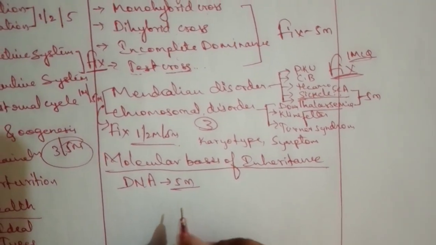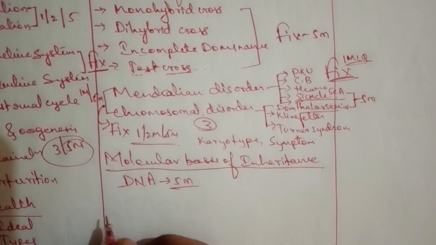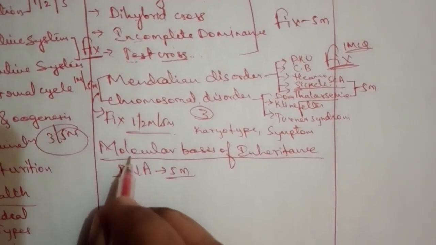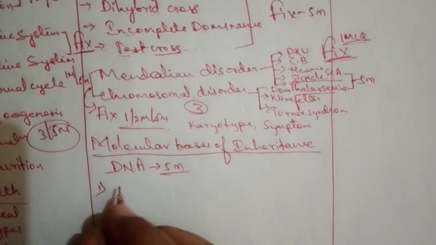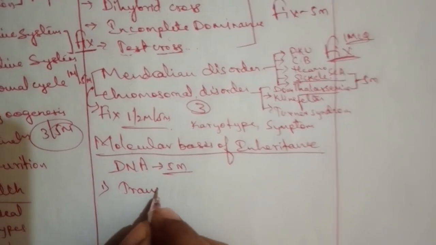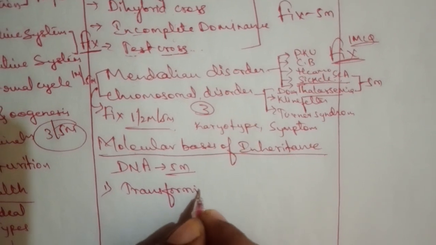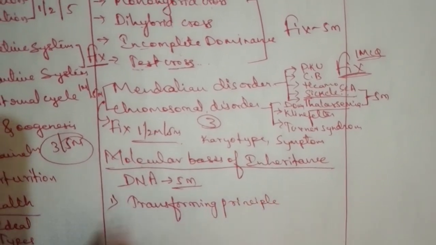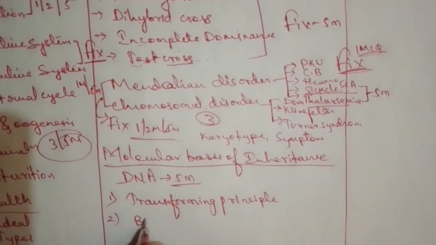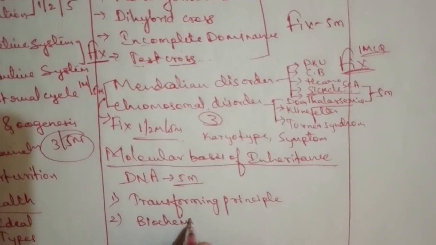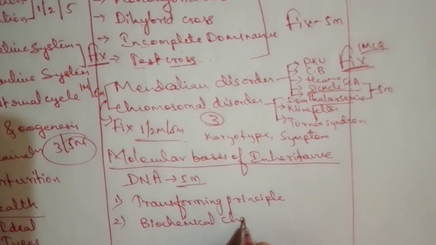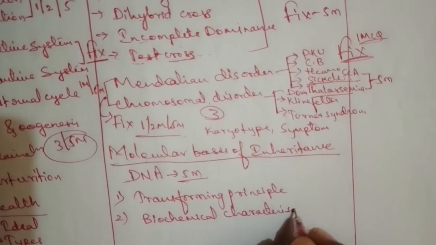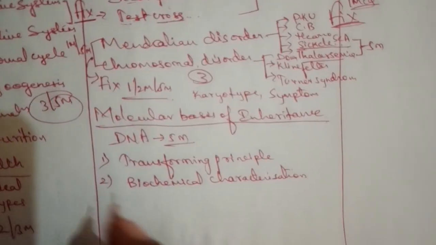Got it? Followed by that, one of the fixed types of question is there. Here it involves several experiments in this chapter. The one is the transforming principle, then biochemical characterization.